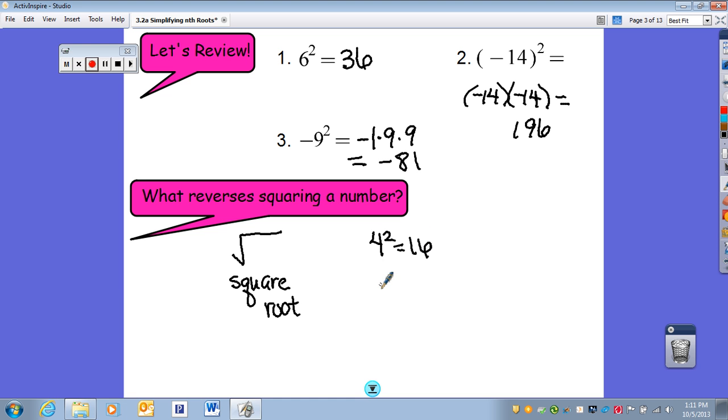And if I take the square root of 16, I want to know what did I multiply times itself to get that number, which is 4. So when you take the square root of a number that's squared, these are opposite operations, so they cancel each other. So the square root of a square gives you that original number. These are called inverse operations.